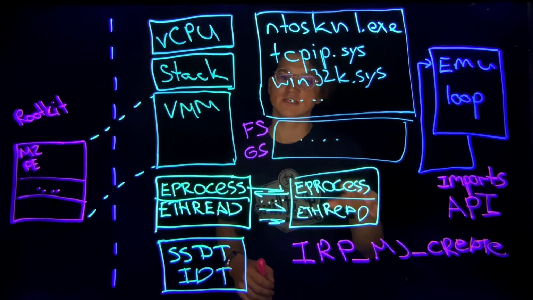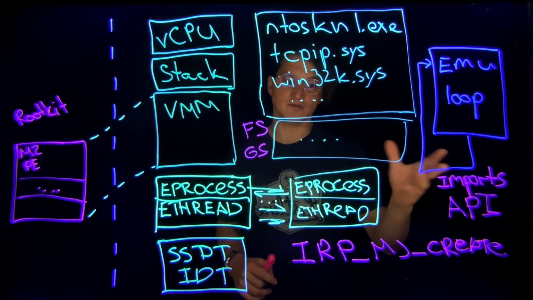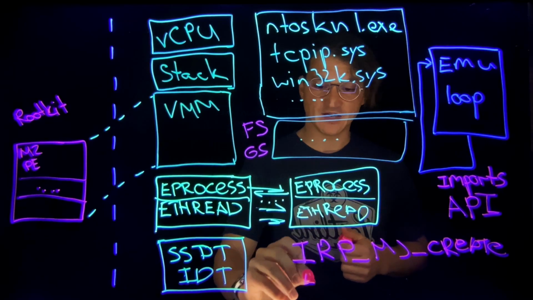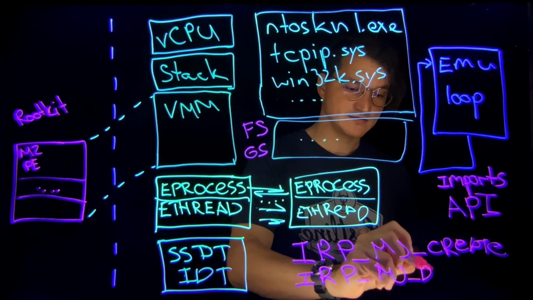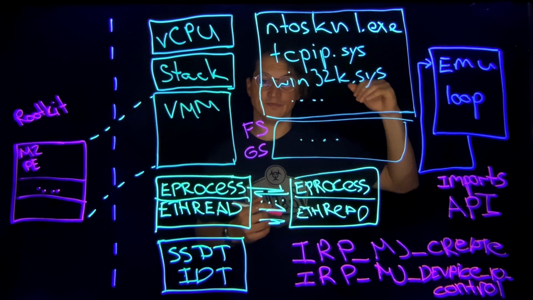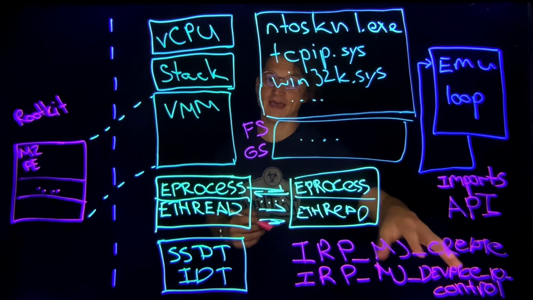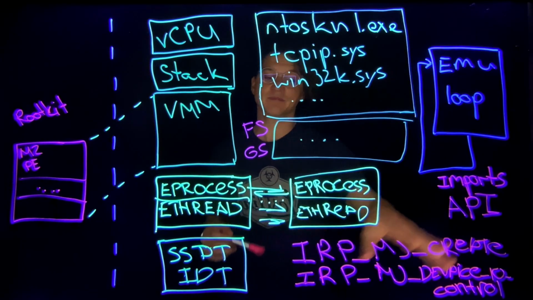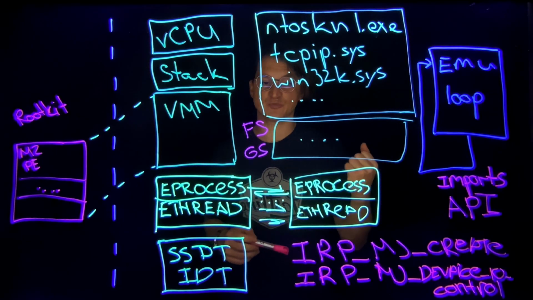For example, if a rootkit wants to hide a file or do something else, or implements certain communication with user land using IRP major device I/O control, then user land can call device I/O control and pass certain parameters to the rootkit, and the rootkit would receive that through the IRP callback. That IRP callback is going to be called and receive the data passed by the user mode process.